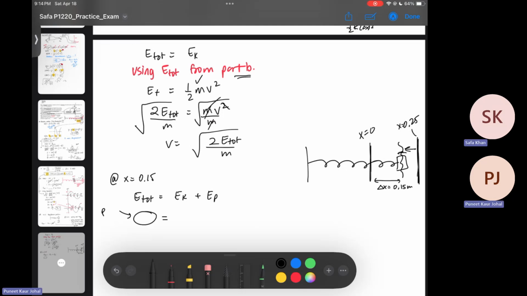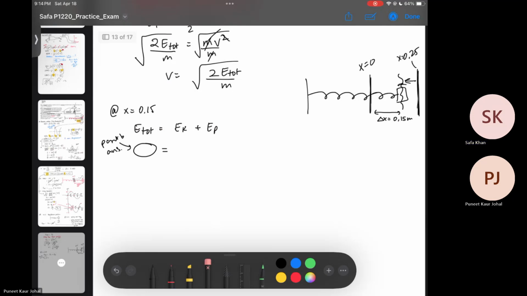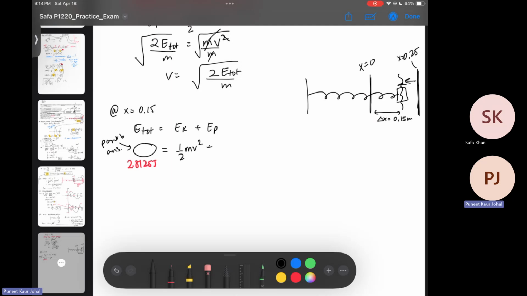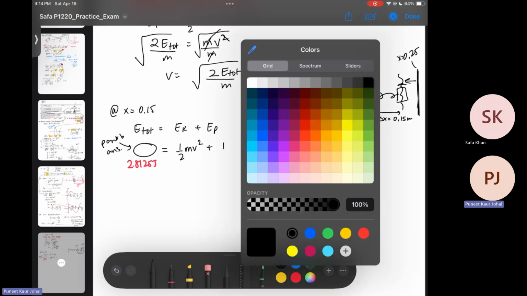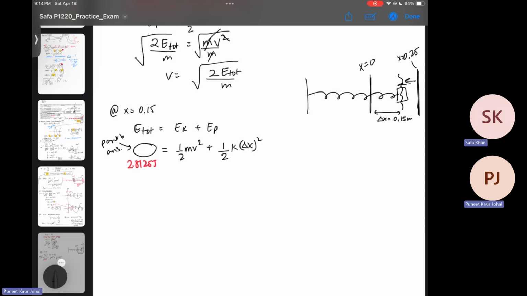Part B's answer. They probably gave the answer. Oh, here, 2.8125. So 2.8125 joules. And that will be equal to half mv squared plus half k delta x squared. We know delta x is 0.15, right?